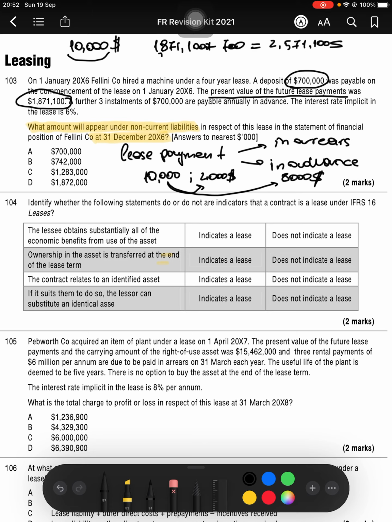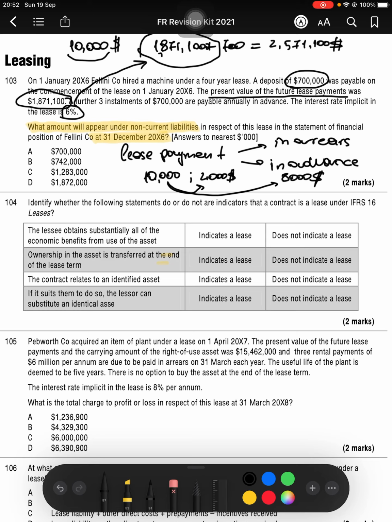But in our question, we have already made our first payment of 700,000. So we will use the effective present value of 1,871,100 for the calculation of finance cost, to identify the total lease liability as at the year end.